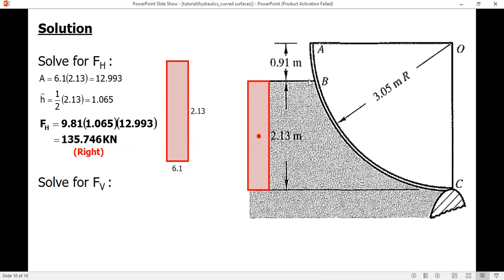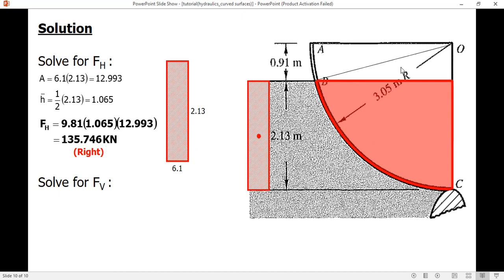For C, you draw a line. Okay, so this is the area. We now compute the area of this one and then multiply it by 6.1 in order to get the volume. Now, how do we solve for this area?